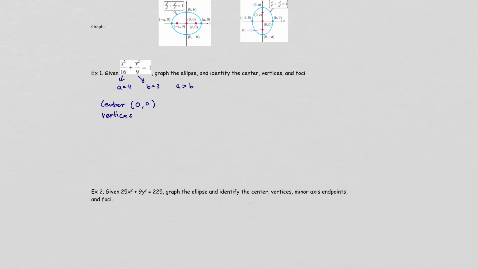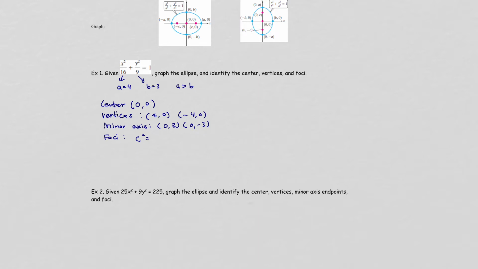Your vertex is going to be 4, 0 because your focus is going to be on the x-axis. It means your minor axis endpoint is going to be the y value, 0, 3. And how do we find the c, the focus points?